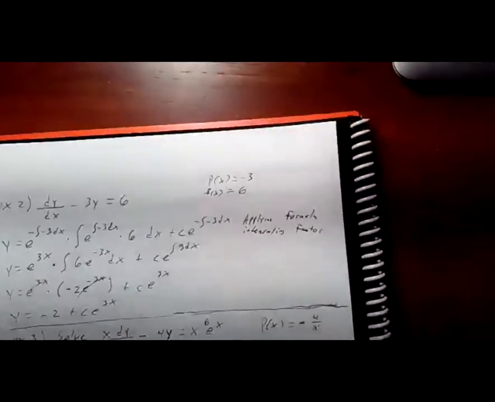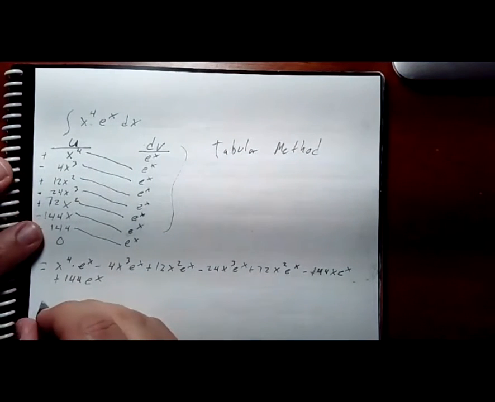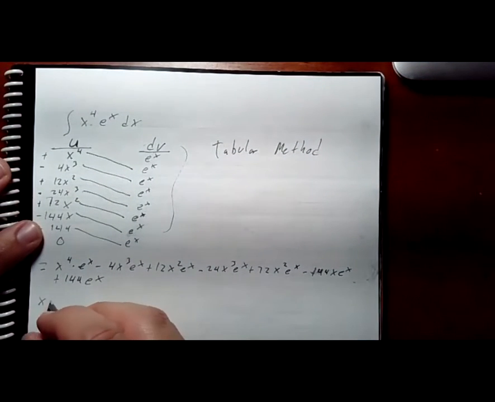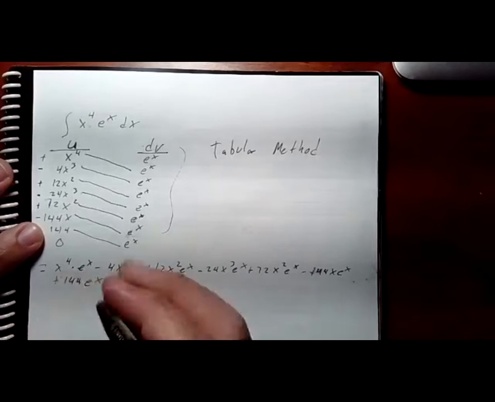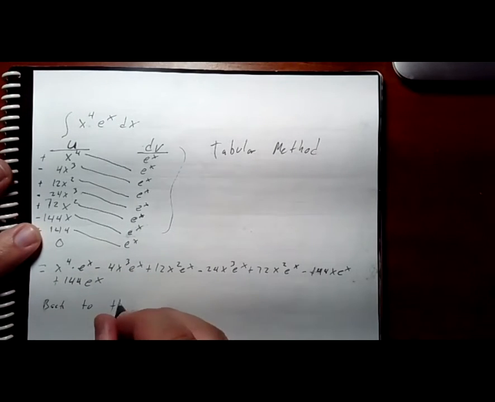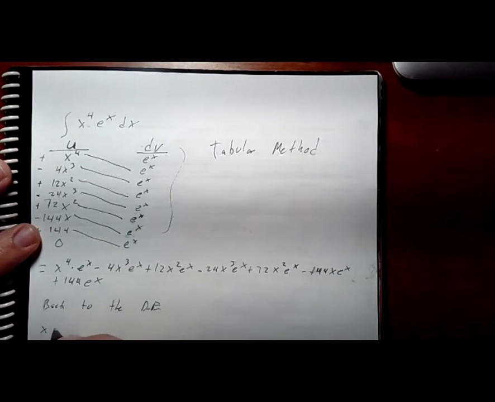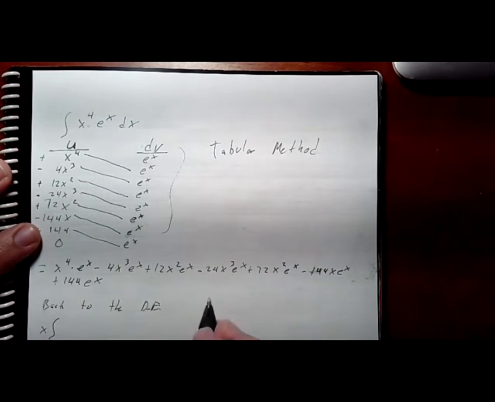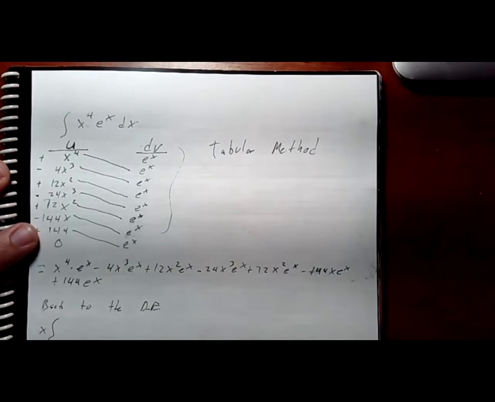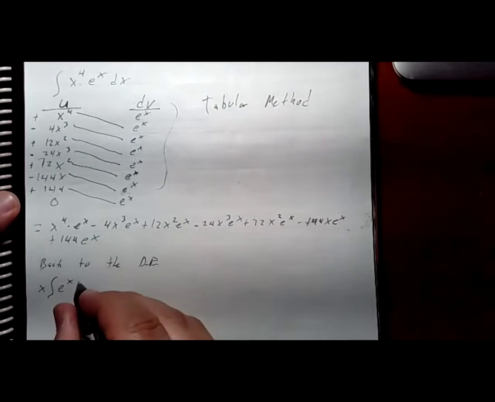So let's go ahead and multiply that. So back to the DE question. It's going to be x times the integral. I'm going to factor the e to the x because they all have it, right? So factor out e to the x times, what was on there? Yeah, it was just that.